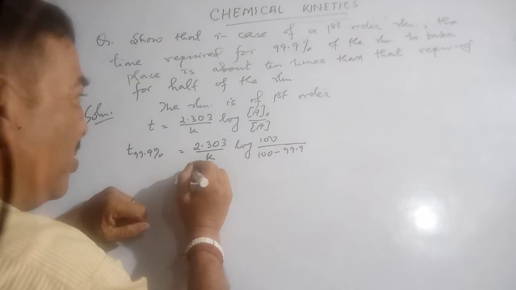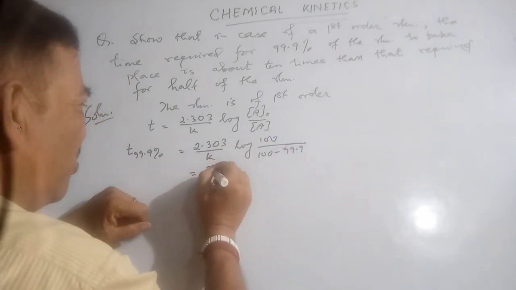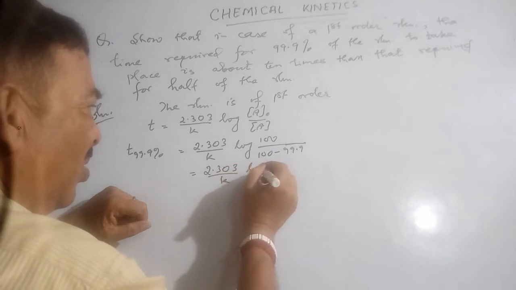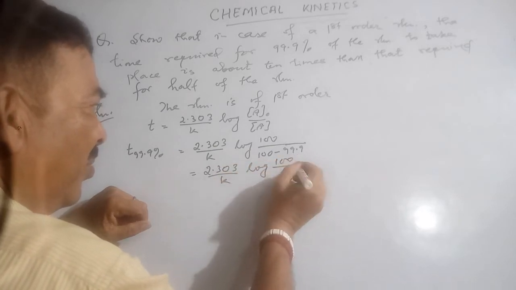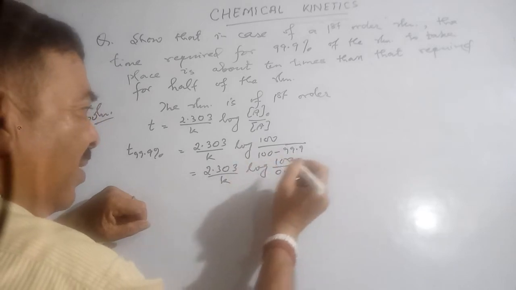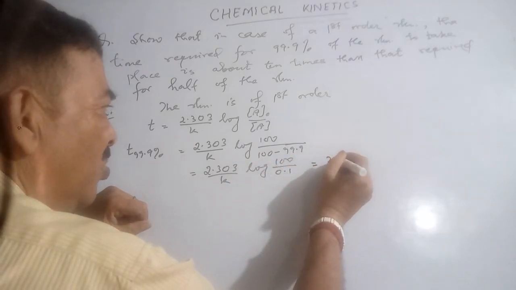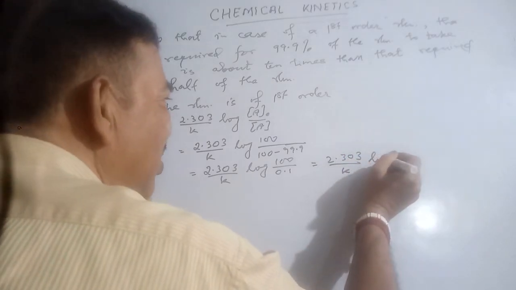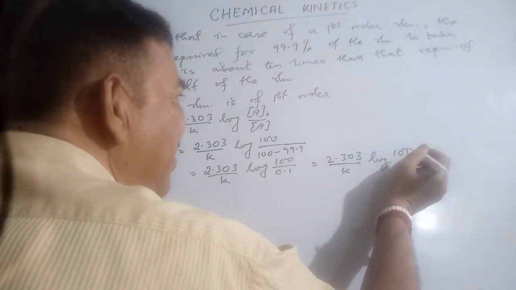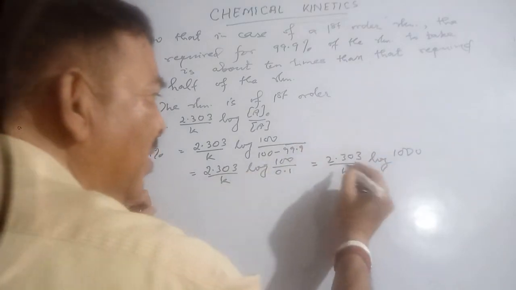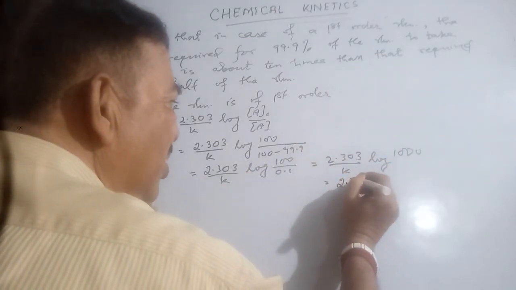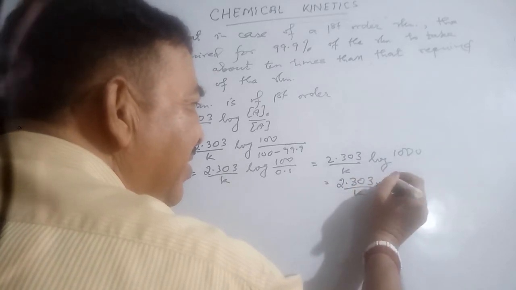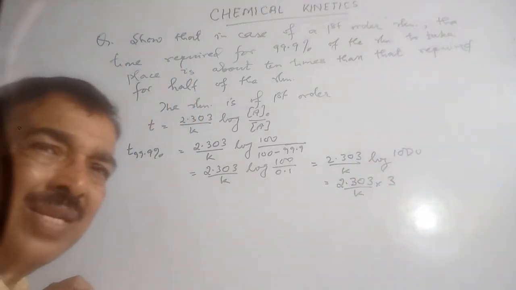So this equals 2.303 by K log 100 by 0.1, which equals 2.303 by K log 1000. Log 1000 is 3.